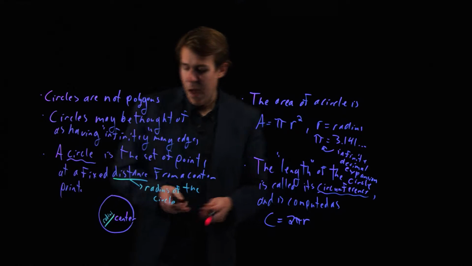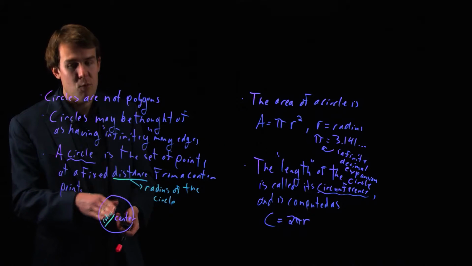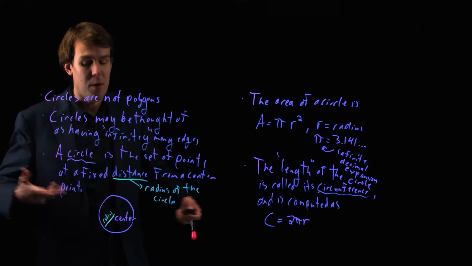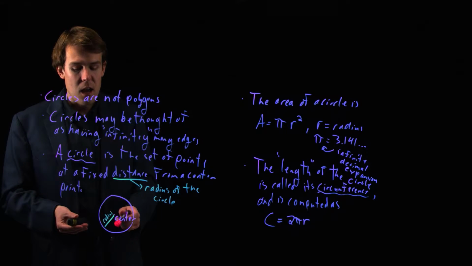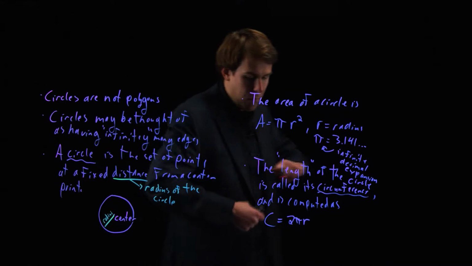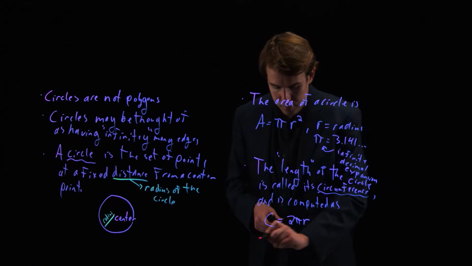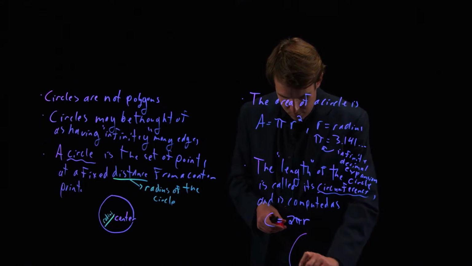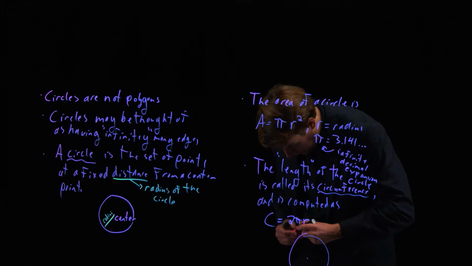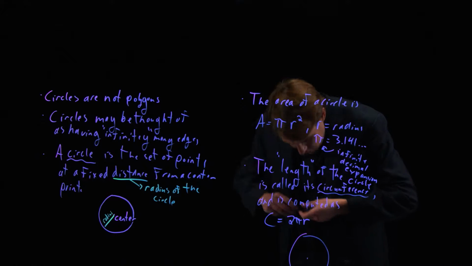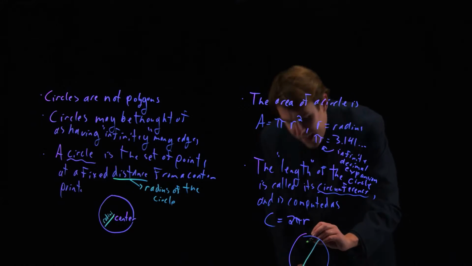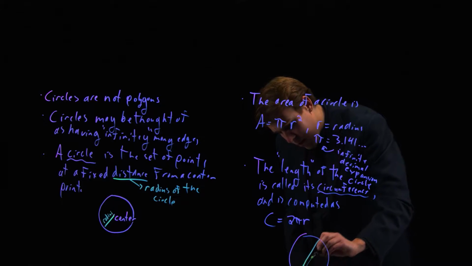I'll make a remark that sometimes one discusses the radius of a circle. Other times, what is discussed is something called the diameter, which is the distance of a line going across the circle through the center. So the picture for the diameter might be something like this. This length is the diameter.